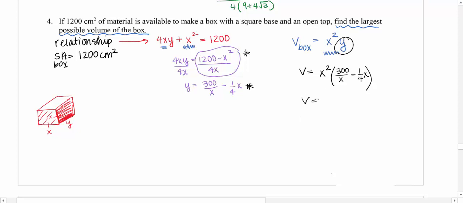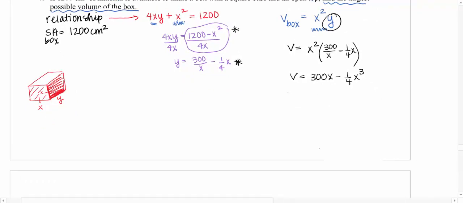But I will distribute that x squared so I don't have to use product rule or anything when I find this derivative. So this will just be 300x minus 1/4 x cubed. And that should make sense to you that if you write your volume in terms of a single variable, volume is 3 dimensions, so that does make sense to me that I have an x cubed in there. So volume is now written as a function of x, right? 1 in, 1 out.